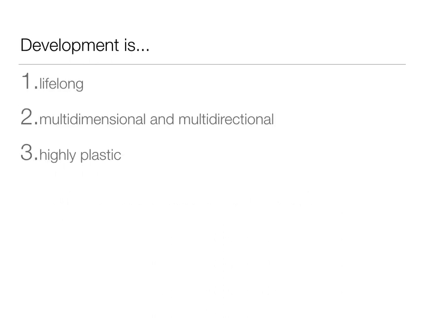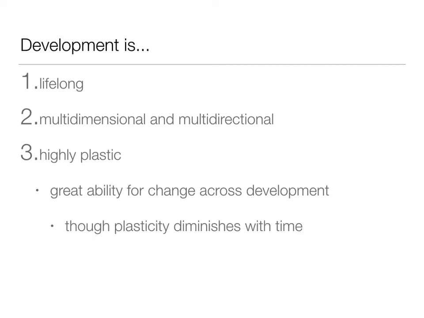Development is also highly plastic. Remember I talked about plastic as being highly able to change, highly malleable, allowing a lot of change. So we have this high ability for change across development, and we see this across all stages of development. There's plasticity in all areas of development. However, there is more plasticity younger in development.